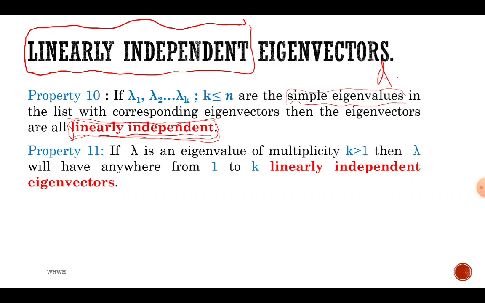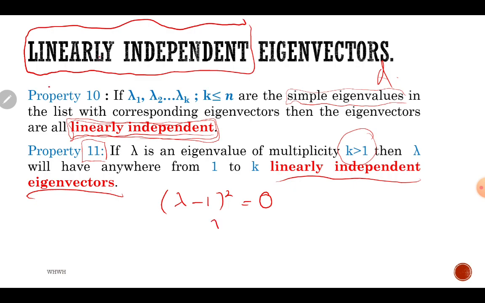How to determine that these 2 eigenvectors are linearly independent is what we are going to discuss very soon. Property 11 says, if lambda is an eigenvalue of multiplicity k more than 1, then lambda will have linearly independent eigenvectors as well. What does this mean? This is for the case where, let's say when you factor it, you get lambda minus 1 squared equals 0. So here, lambda equals 1, but the 1 is repeating, a multiplicity of 2. There are 2 times 1 here.